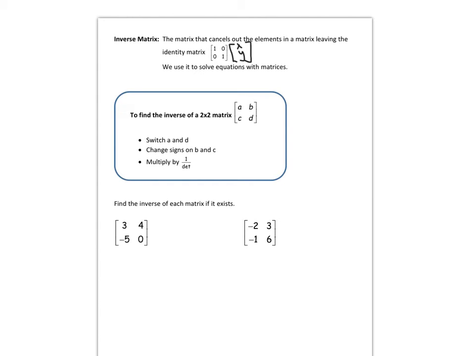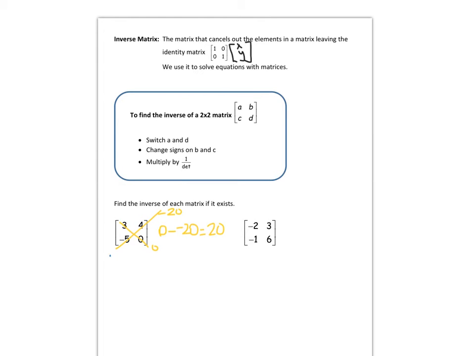So here we go. The downward diagonal gets me 0. The upward diagonal gets me negative 20. So 0 minus negative 20 is 20. Remember, minus a negative changes to plus, right?